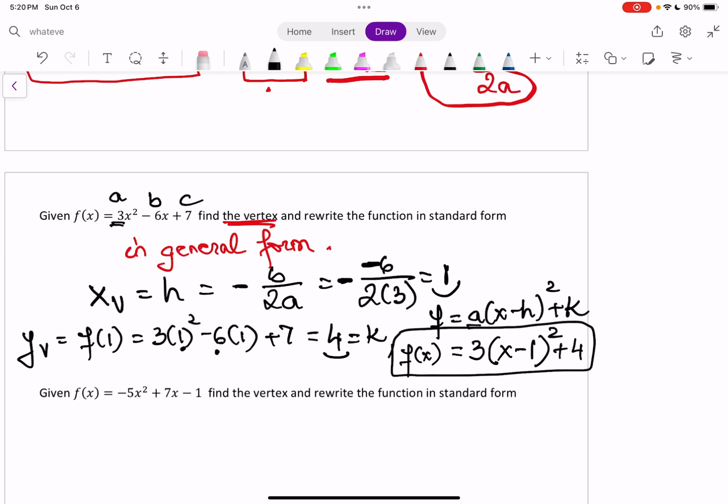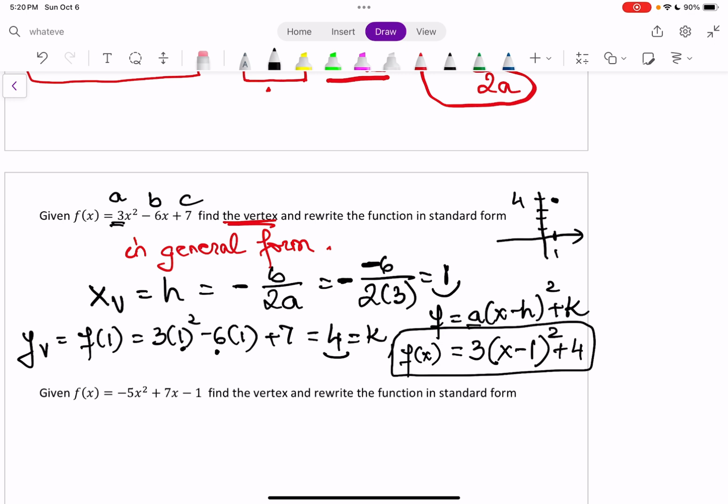So really with this form here, you can immediately graph this function. The way we would graph this function is that we would go to (1, 4) for the vertex.